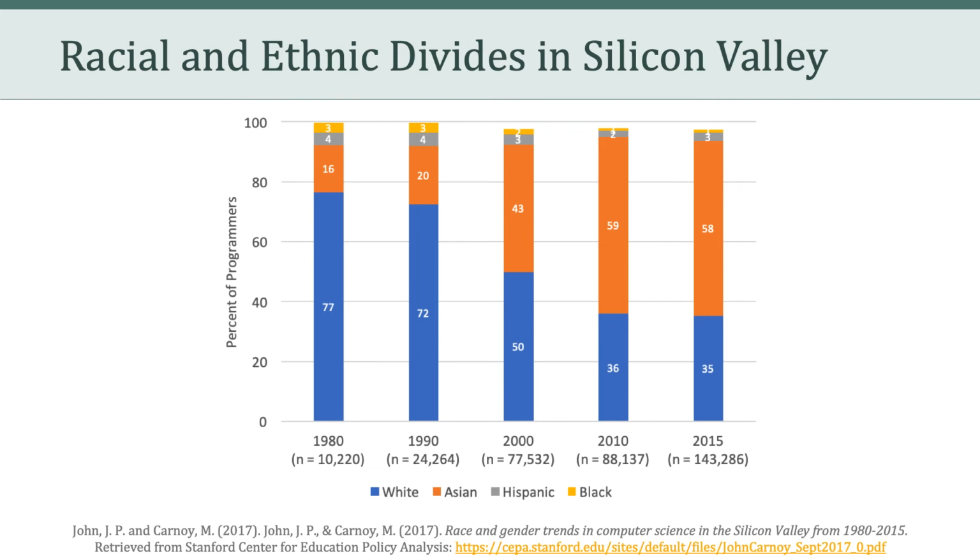And this is data reported by the Stanford Center for Education Policy Analysis in 2017. It looked at the trends in racial and ethnic hiring as it relates to people who are programmers. And you can see along the bottom, it starts with 1980, 1990, the year 2000, 2010, and 2015. And we can see that whites and Asians are taking up the majority of the programming positions.